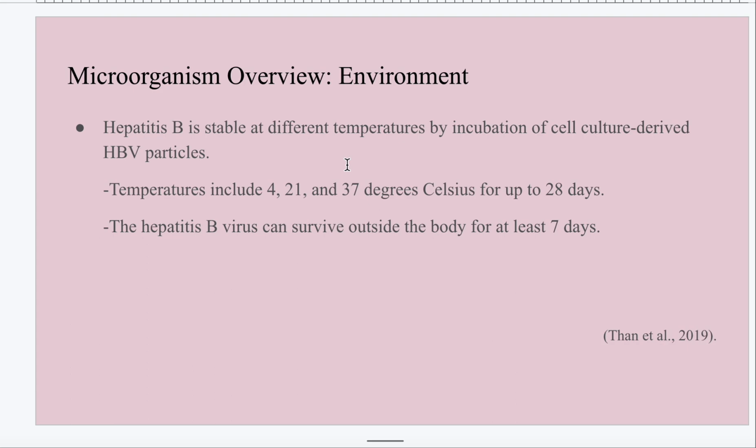Hepatitis B is stable at different temperatures by incubation of cell culture-derived HBV particles. These temperature environments include 4, 21, and 37 degrees Celsius for up to 28 days, and the hepatitis B virus can survive outside of the body for at least 7 days, so up to a week.